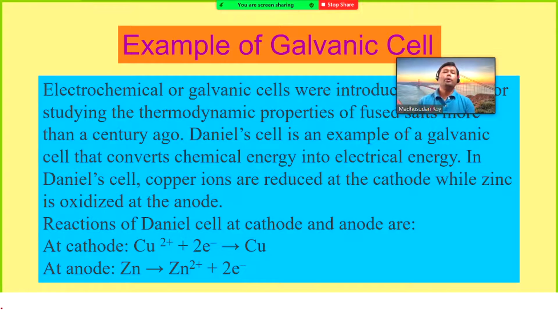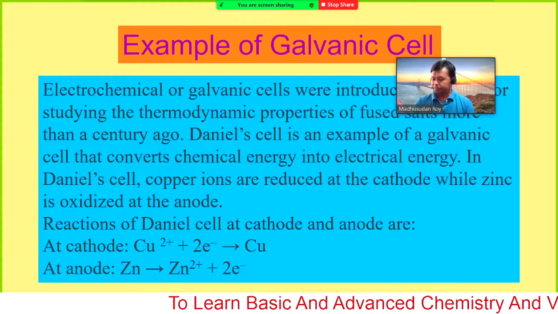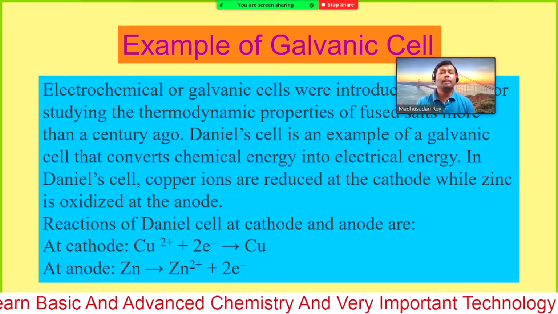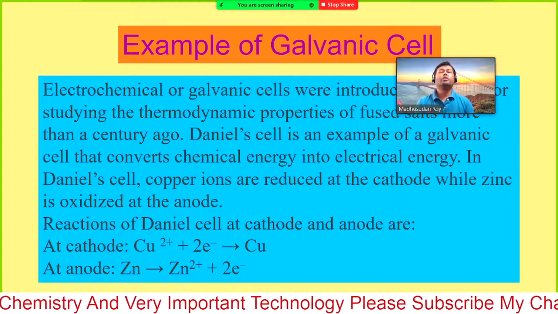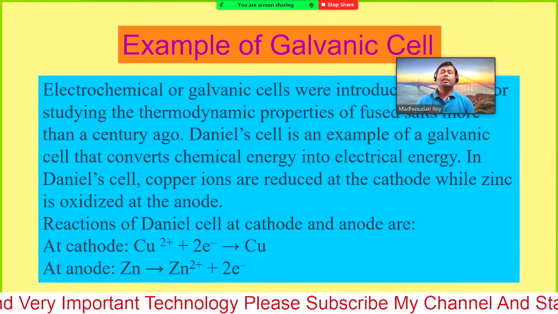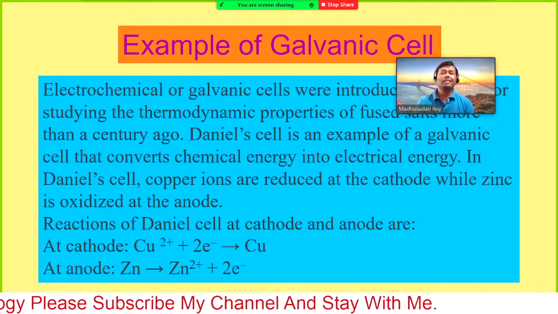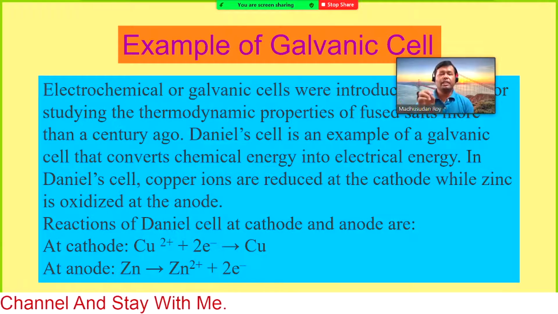Even we use the mobile phone, and regularly you need to charge the phone. What happens in the phone? During charging, that process is known as an electrolytic cell. That means we are giving some electricity, and some reaction is happening.